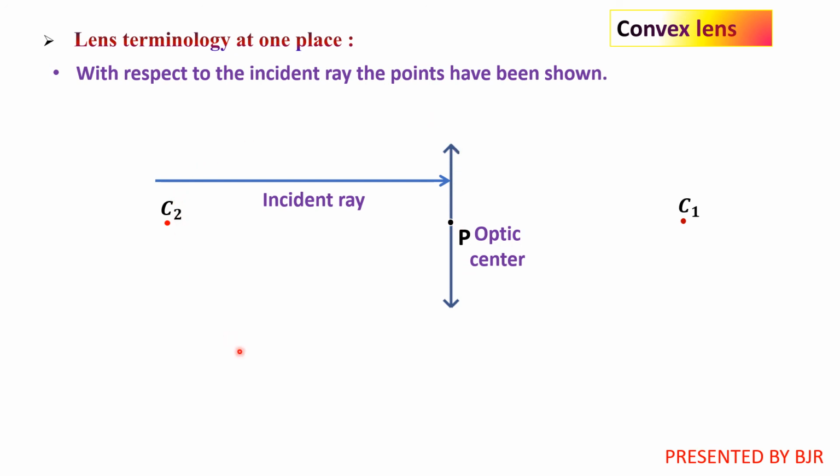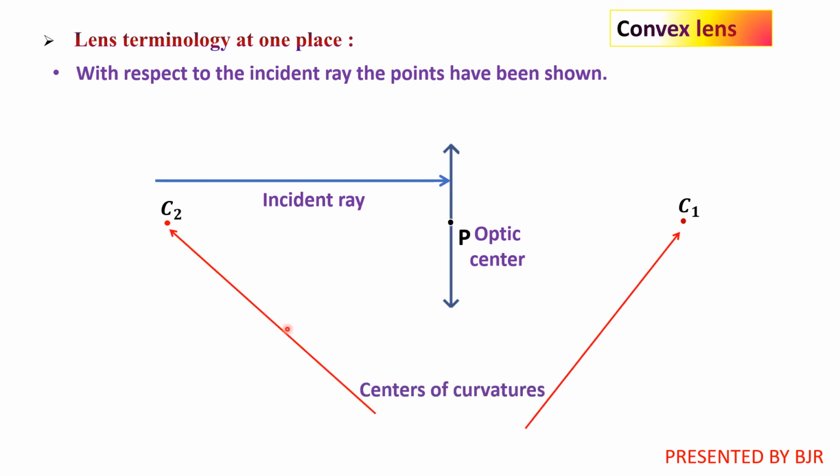Okay, so you have seen all these things. These two are the centers of curvature. Can you tell what is this line? This is the principal axis. Okay, next.